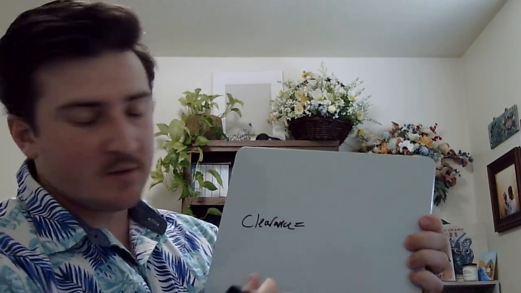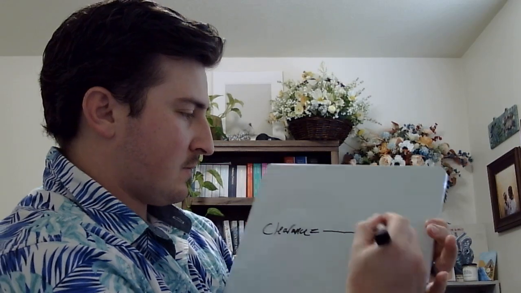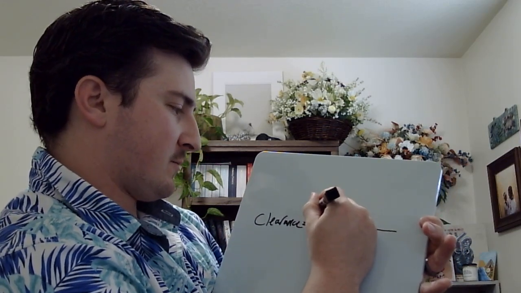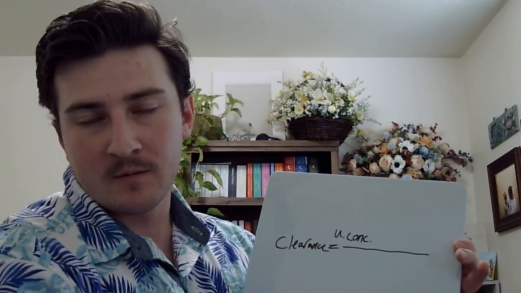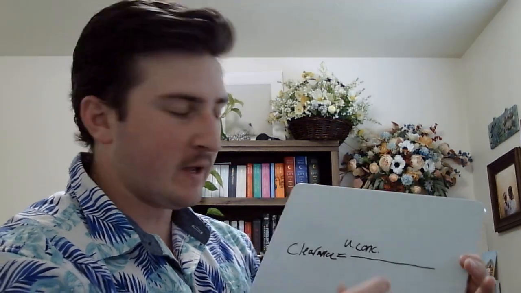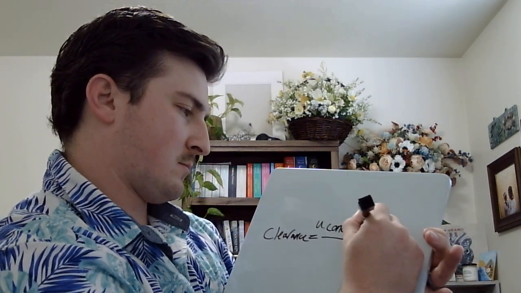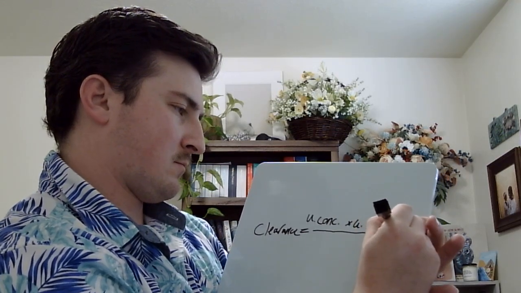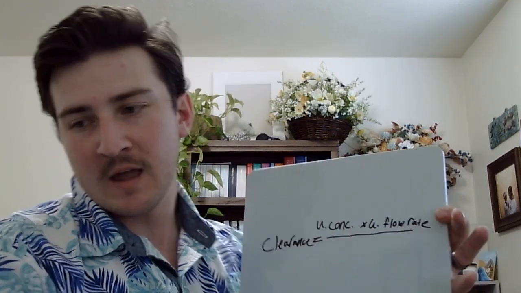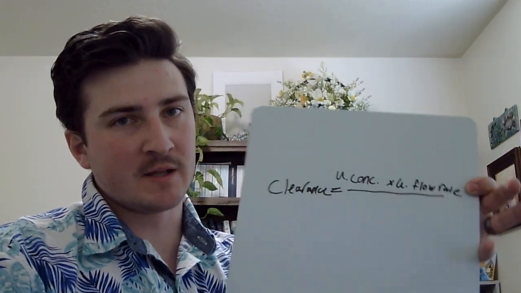So clearance is going to be equal to the urine concentration multiplied by our urine flow rate, and that's going to be divided by our plasma concentration.